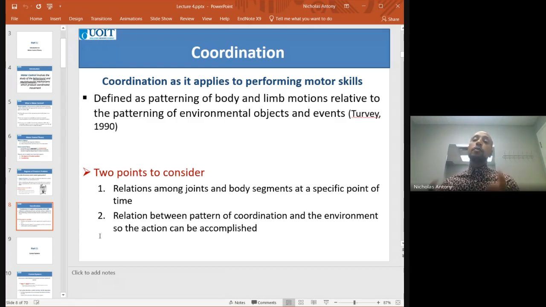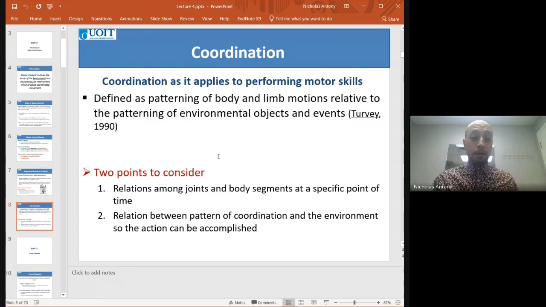But in relation to motor control studies or theories, the term coordination is defined as the patterning of body and limb motions relative to the patterning of external objects and events. Simply, all that means is that when we discuss coordination, we are talking about how we're able to coordinate our motor skill, or our body, to the environment.